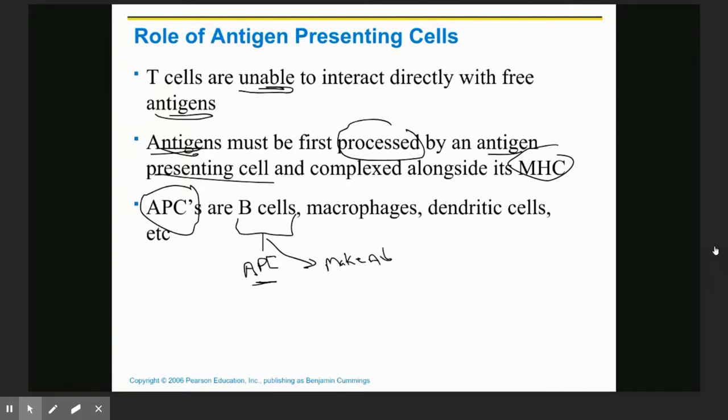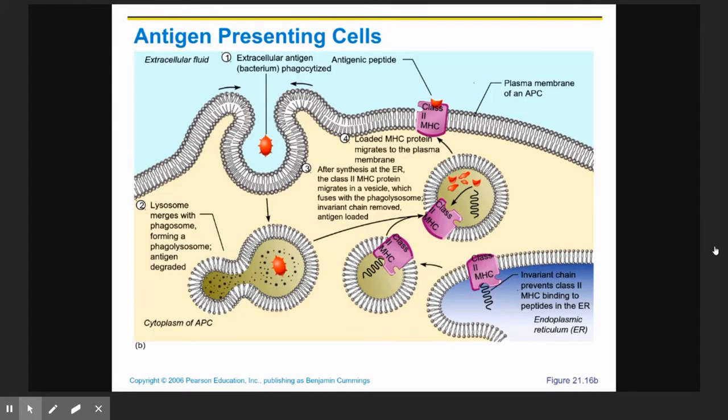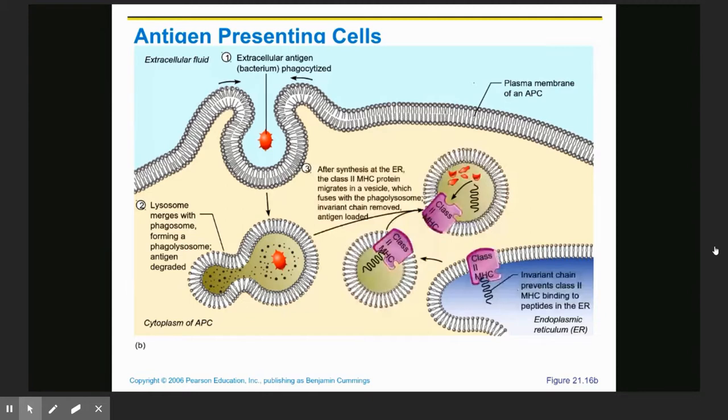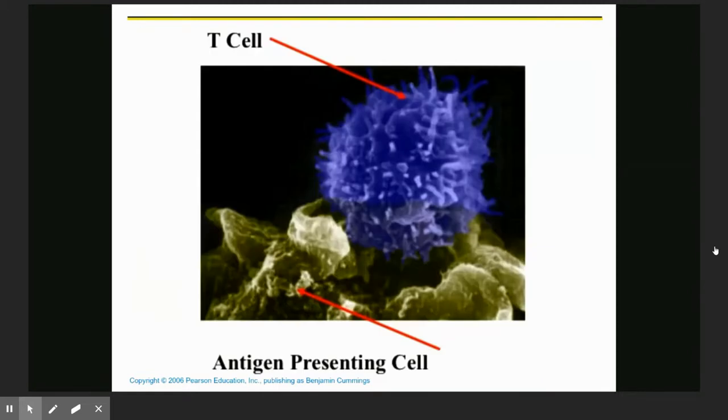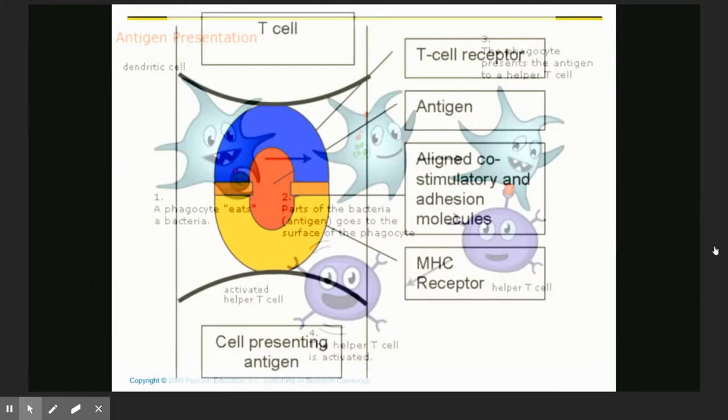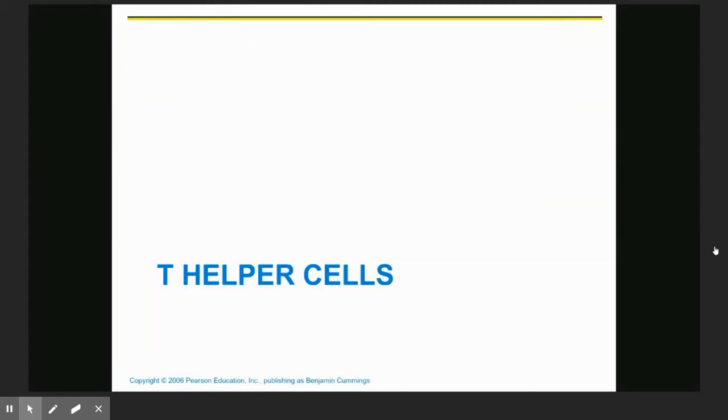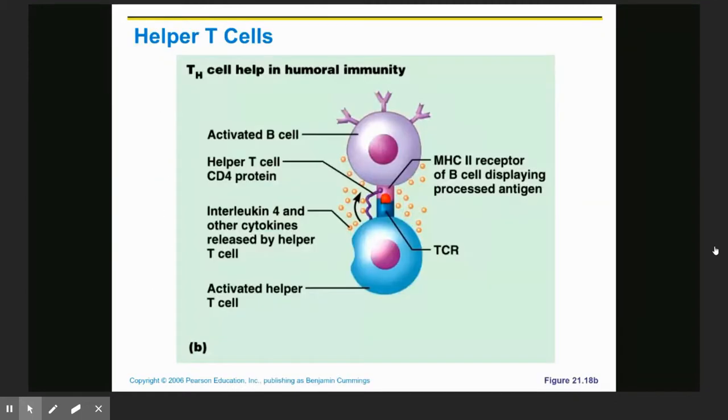Remember what happens? The antigen is here, it's going to be complexed, and if it's a B cell, it's going to look like this. So look, there's our B cell. We already know it ate the antigen, it brought the antigen inside, processed it, and look, there's our antigen right there.